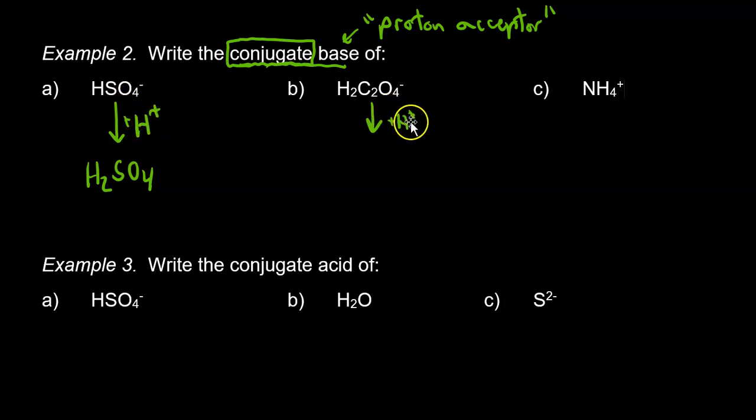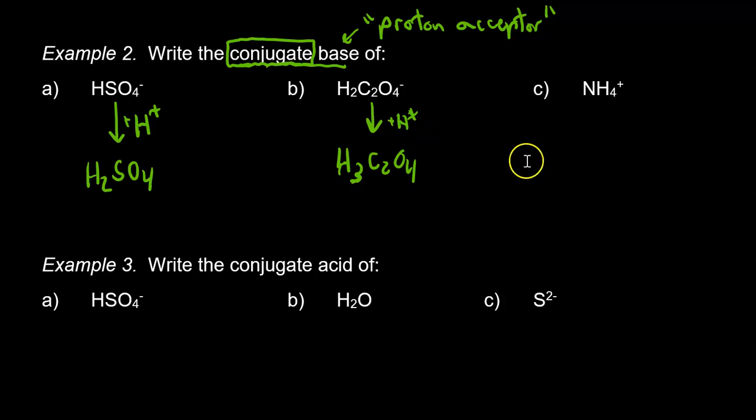So we just write generically H+, although just know that H+ never exists by itself. Okay, so if we gain an H, this becomes H3C2O4. And the charge, it's negatively charged. It gains a positive charge, so it's net neutral as well.